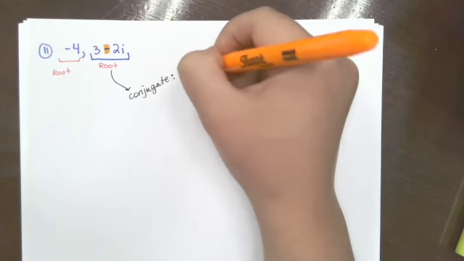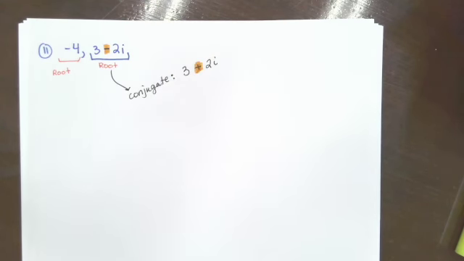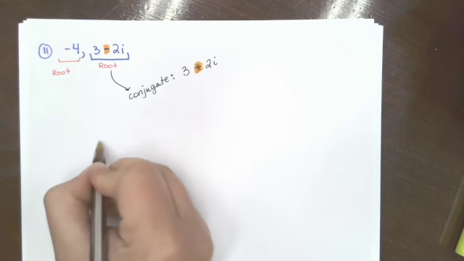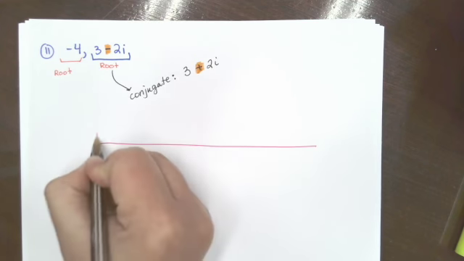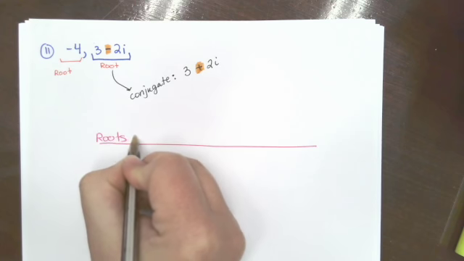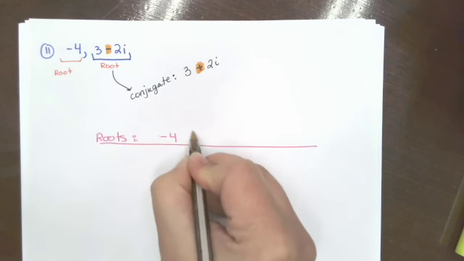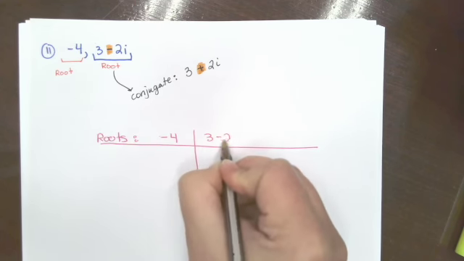The 4 is just a number. It's not attached to a square root. It's not attached to a letter. Leave it alone. I like to do this in rows and columns, so I'm going to write out my roots: -4, 3 minus 2i, and 3 plus 2i because of the conjugates.